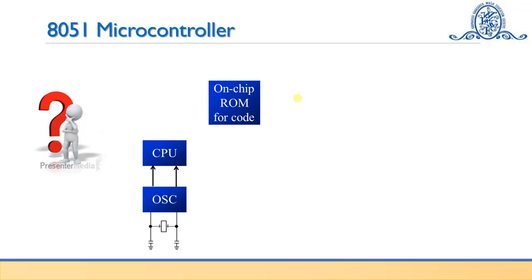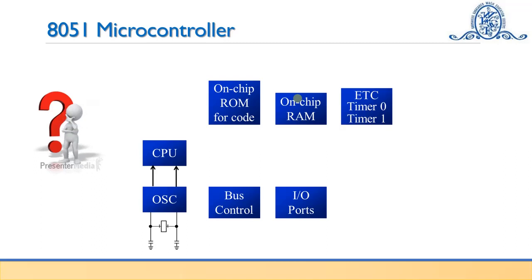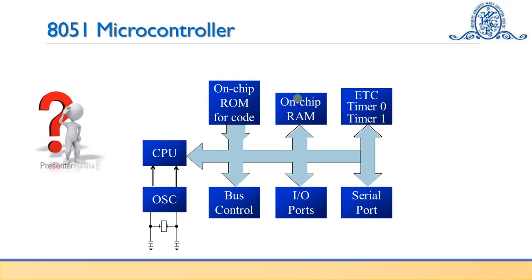It also has on-chip ROM for code or the program. It has on-chip RAM. Then there are I/O ports. Then a bus control unit is also there because all these things are connected by buses. And then there are two timers, timer 0 and timer 1. Then there is a serial port, and all these are connected with the internal buses.